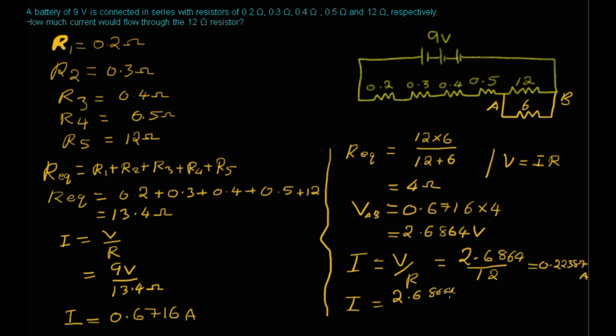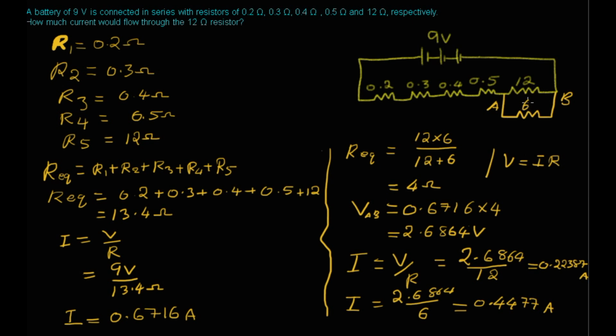So 2.6864 divided by the resistance, that is 6 ohm, so the current becomes 0.4477. This much ampere is the current flowing through the 6 ohm resistor.